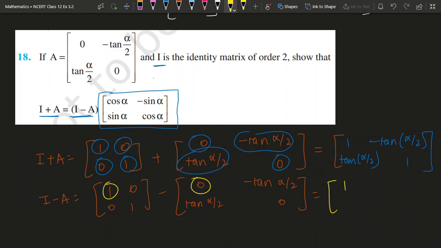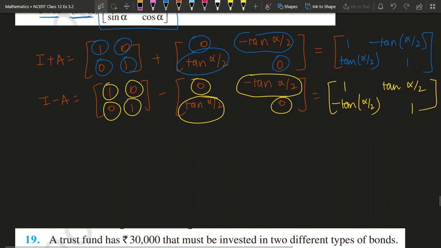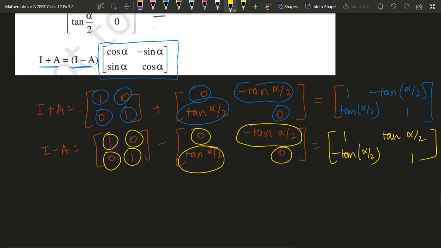So 1 minus 0 is 1. 0 minus negative tan of alpha over 2 is tan of alpha over 2. 0 minus tan of alpha over 2 is negative of tan alpha over 2, and 1 minus 0 is 1. Okay, so you have figured out what the two unknown matrices here are.